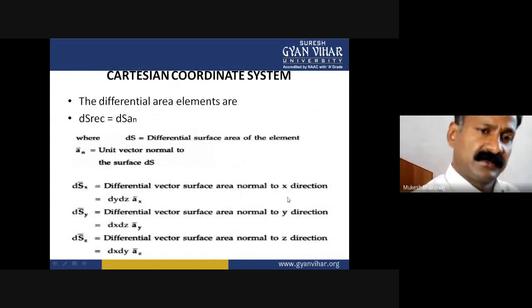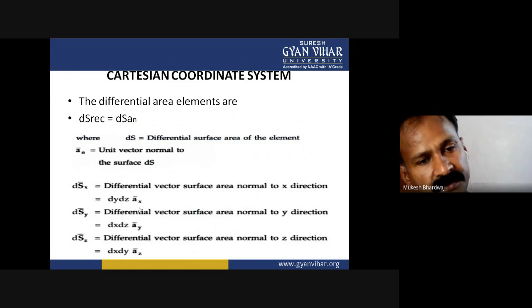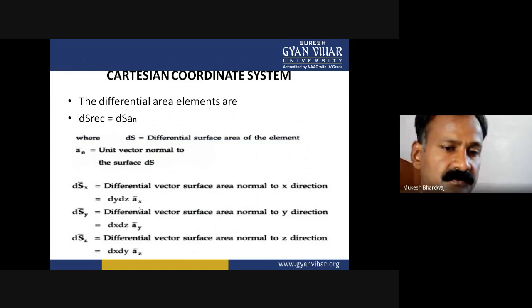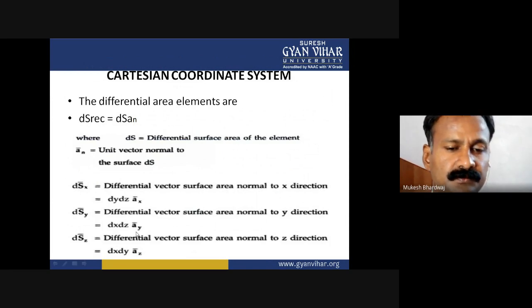The differential area elements are dS equals dS a_n, where dS is the differential surface area of the element and a_n is the unit vector normal to the surface dS. dSx is the differential vector surface area normal to the x direction, equal to dy dz ax. dSy is the differential vector surface area normal to the y direction, dx dz ay. dSz is the differential vector surface area normal to the z direction, dx dy az.